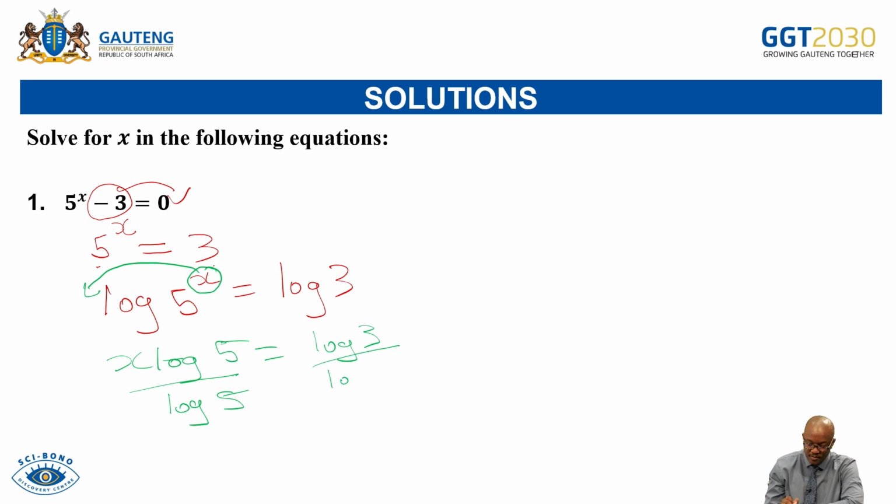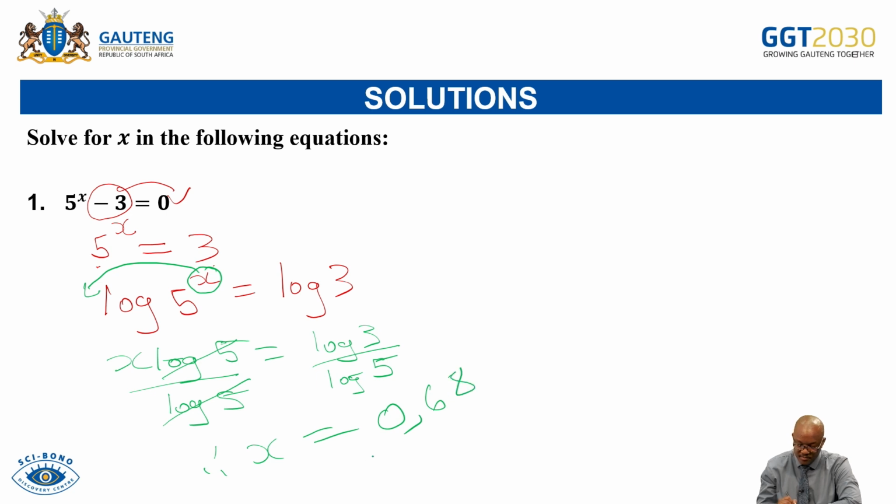Log 5 divided by log 5 cancels, therefore x is going to be log 3 divided by log 5, then you will find your answer as 0,68. 0,68 then is your answer.